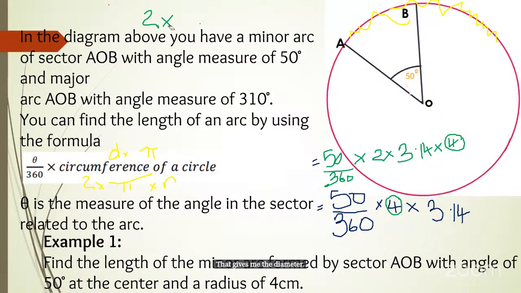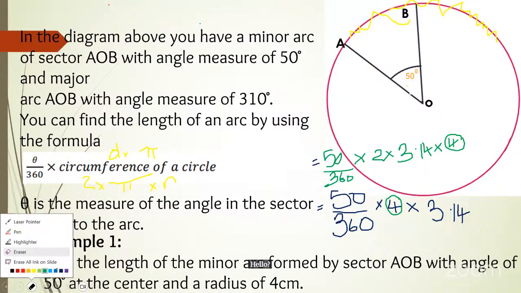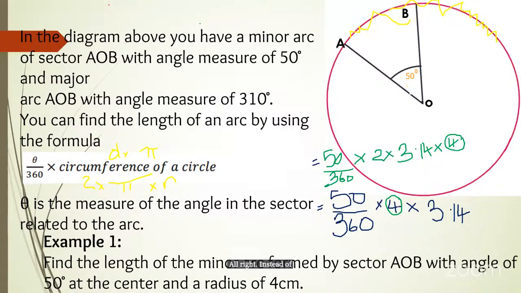Right? Yes, Miss. All right. So instead of having this 4 here for the diameter, what should we have instead? 8. We should have 8.